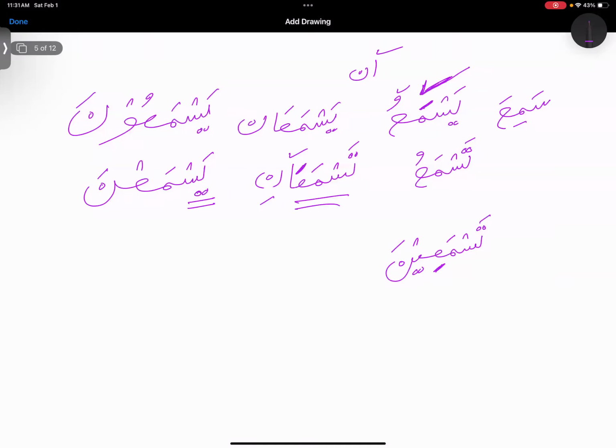Just change this ya into ta. Whenever you are already done with your hunna, just change the ya into ta, and that's all. Yasma'na, tasma'na. And then ana: asma'u, and nasma'u. Simple and easy. I don't know why you guys are making it so hard.